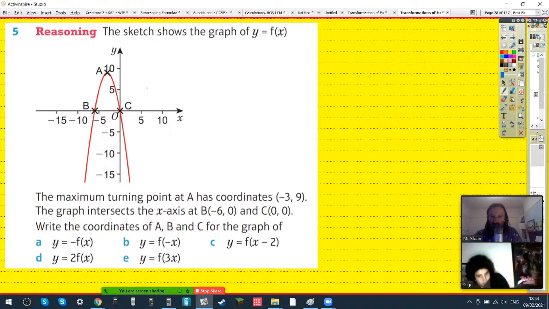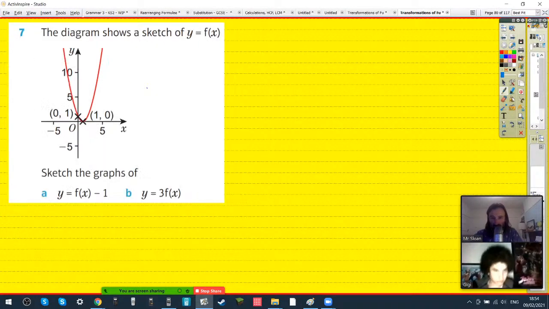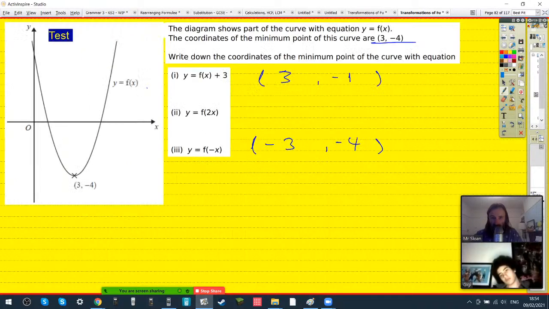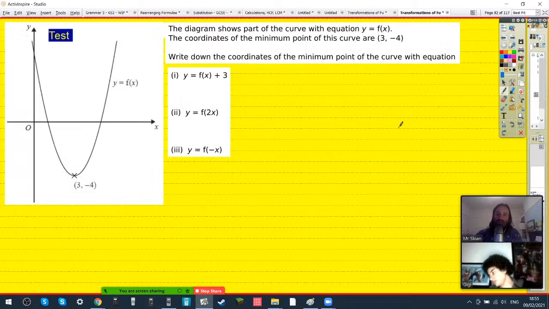So we got pretty much everything. Where's my good test? Oops. That should be blank. Yeah, let's do this one. First one would be 3, minus 1.